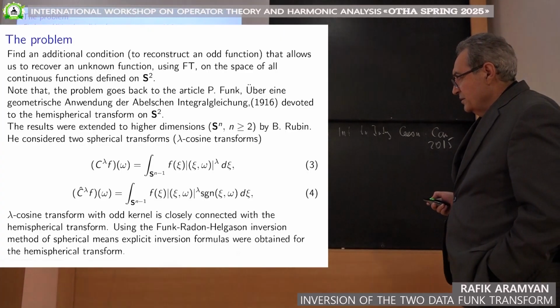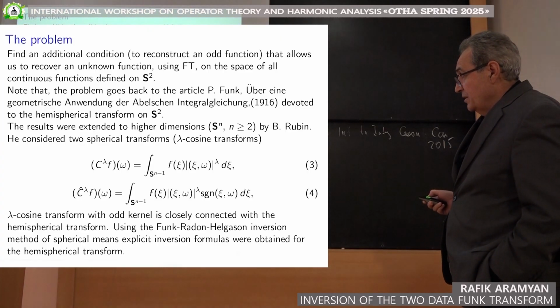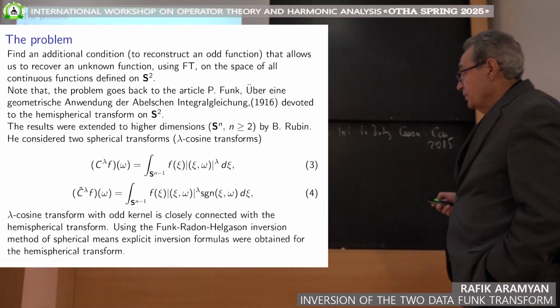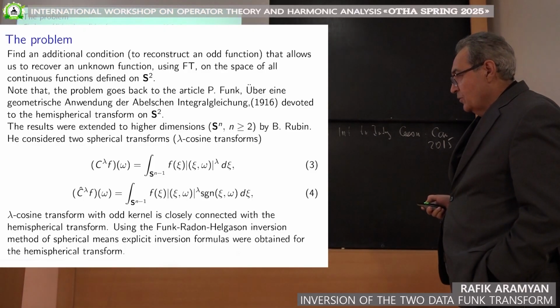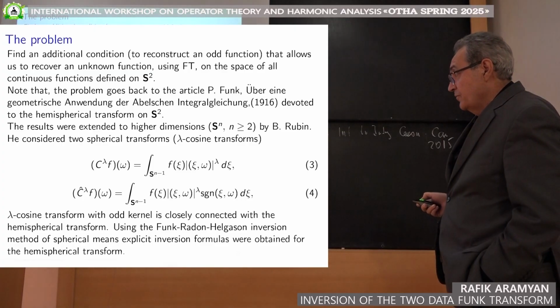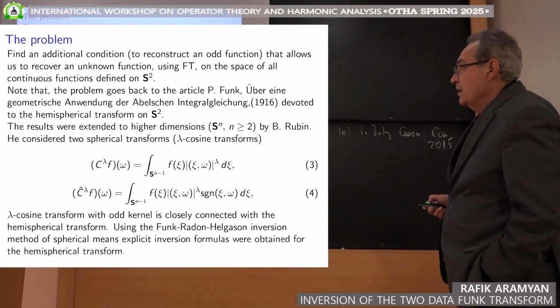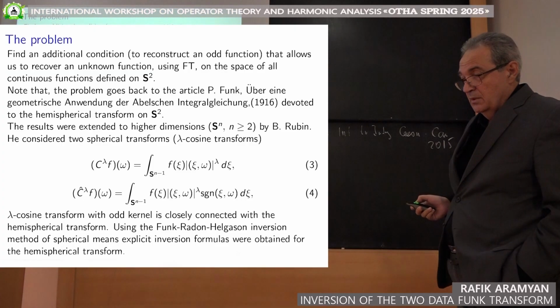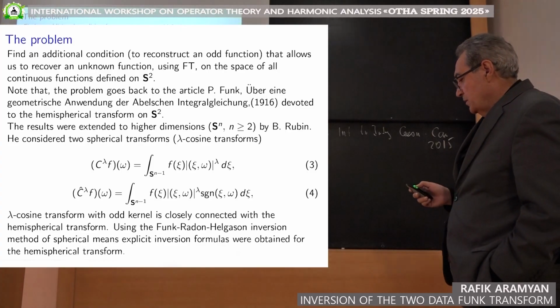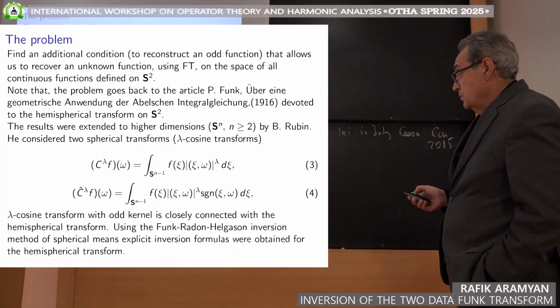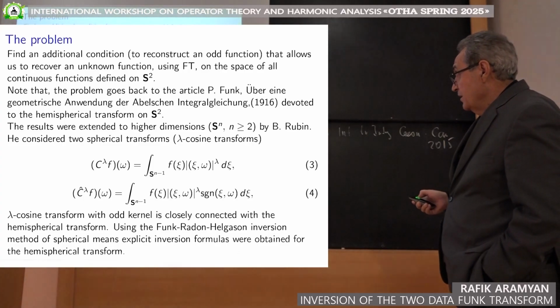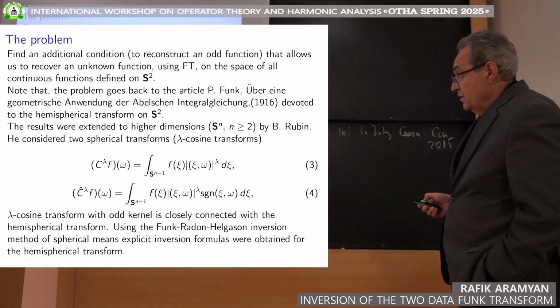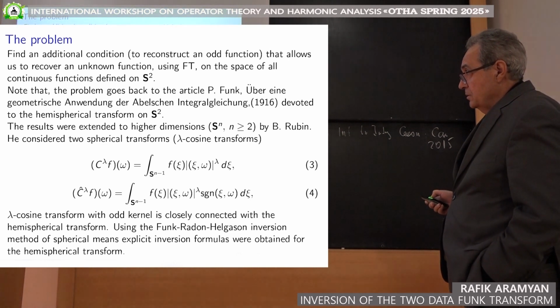Using the second transform with odd kernel, Boris Rubin found an explicit inversion formula to reconstruct an odd function defined on the sphere via the hemispherical transform. By the way, in the case where lambda equals 1, we obtain the classical cosine transform.